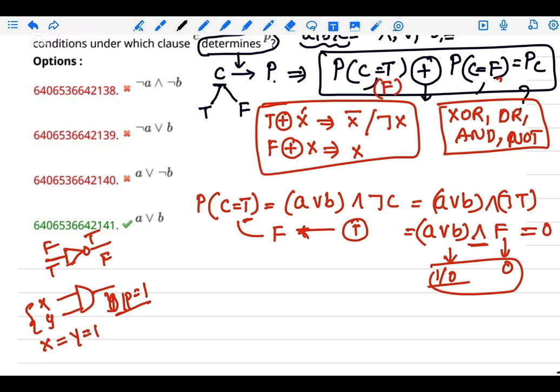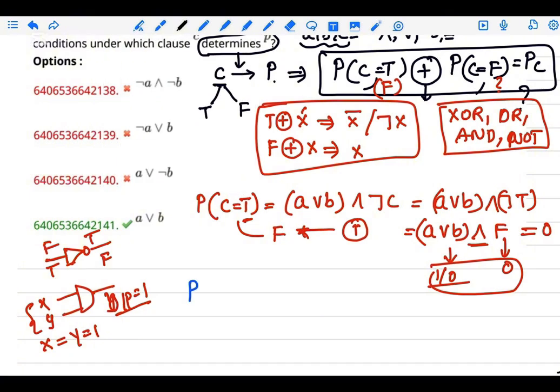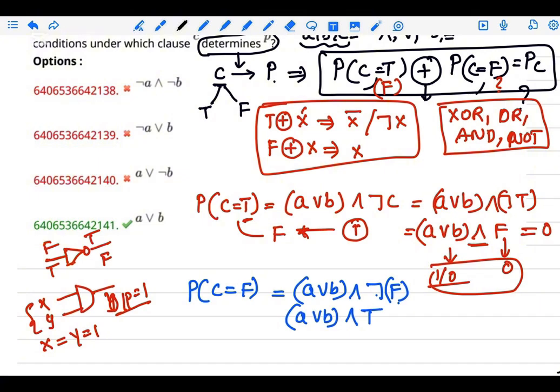Next we have to find the predicate P with clause C equals false. That is A or B and not of C, with C equals false. Not of false becomes true. So it is A or B and not of false, equals A or B and true. For the AND gate, if one input is true, the result depends on the other value.